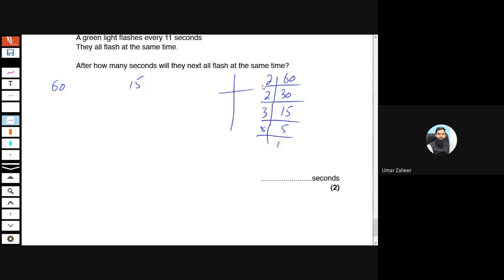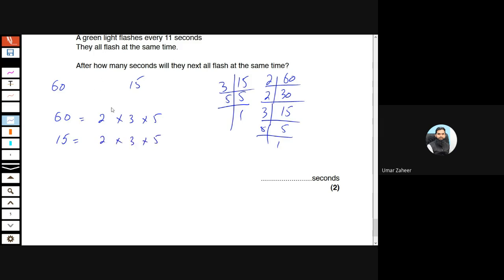And if I find the prime factors of 15, it will be 3 times 5 is 15, and 5 times 1 is 5. So the prime numbers that are going to be used here are 2, 3, and 5. I told you you have to write the number like this.